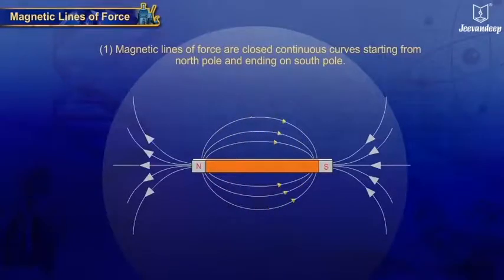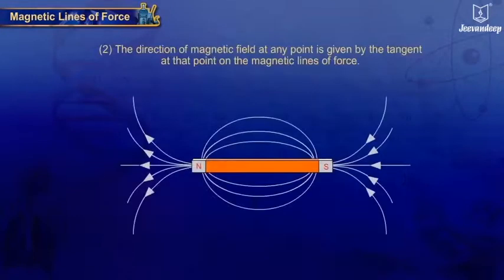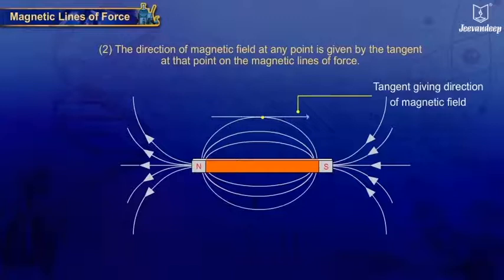Magnetic lines of force are closed continuous curves starting from North Pole and ending on South Pole. 2. The direction of magnetic field at any point is given by the tangent at that point on the magnetic lines of force.